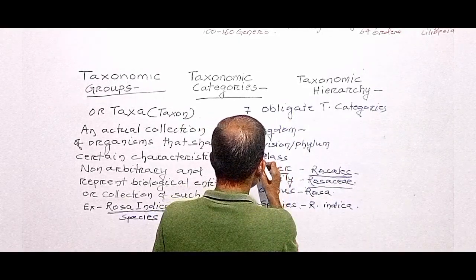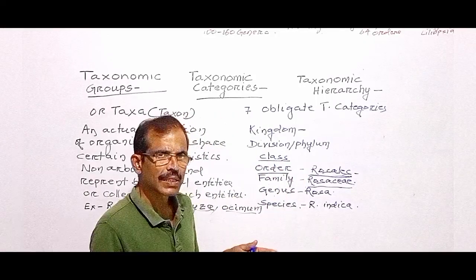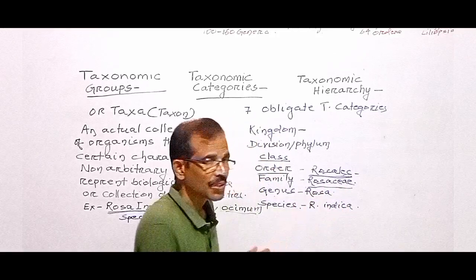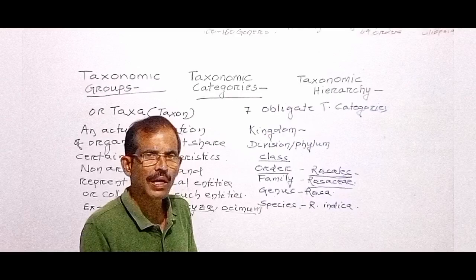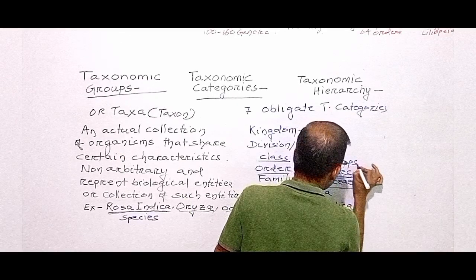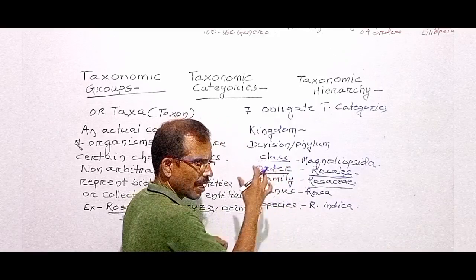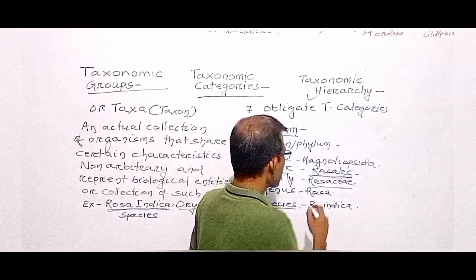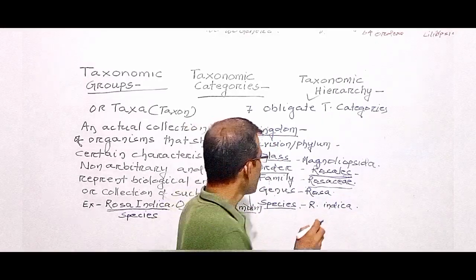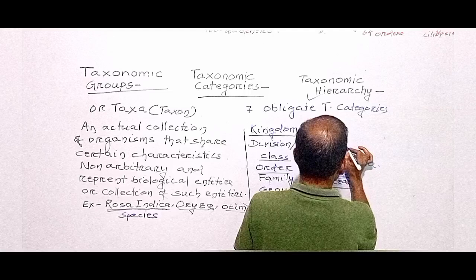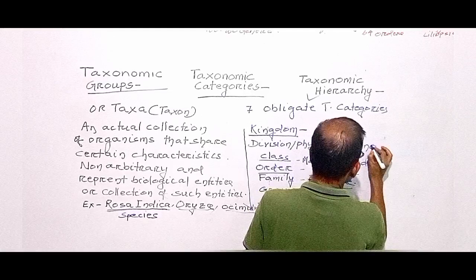Next category is class, which is more inclusive than order. In the next step, Rosales and closely related orders are grouped together and are included in Magnoliopsida. It is assigned to the category class. Following this, Magnoliopsida and related Liliopsida together form another taxonomy group, that is Magnoliophyta.